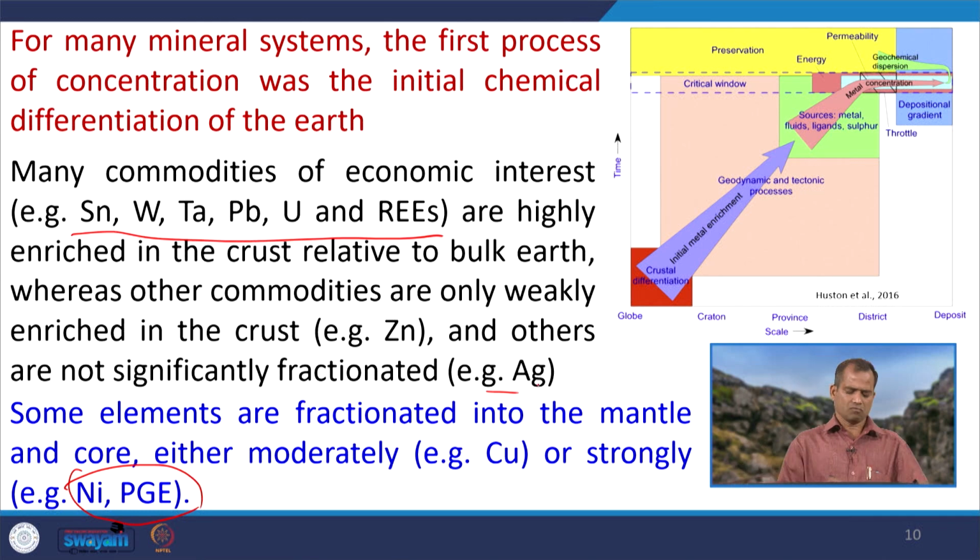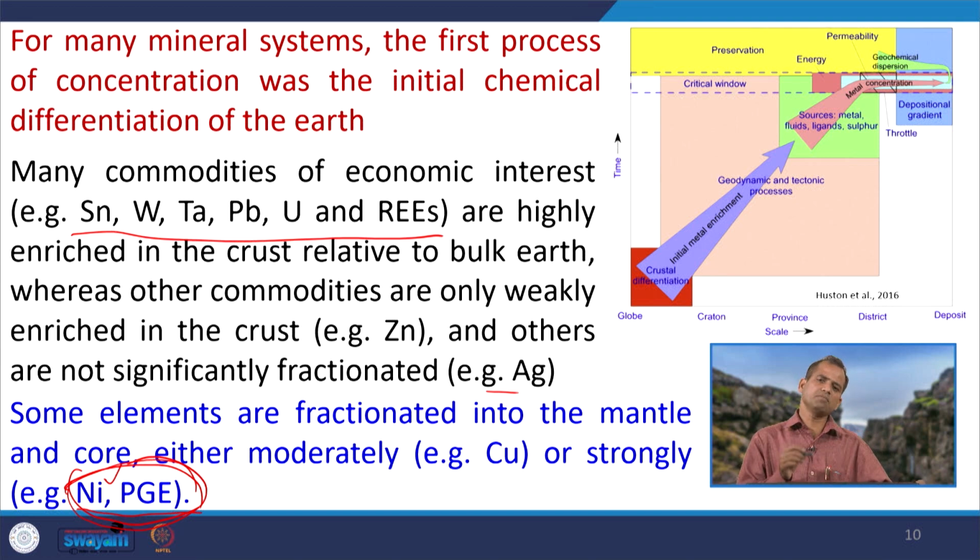So, some are very strongly fractionated at the crust and some are strongly fractionated at the core and some are distributed throughout that. So, by and large we need these elements, for example nickel and PGE, and we know most of this nickel and PGE are at the core level or the lower mantle level.